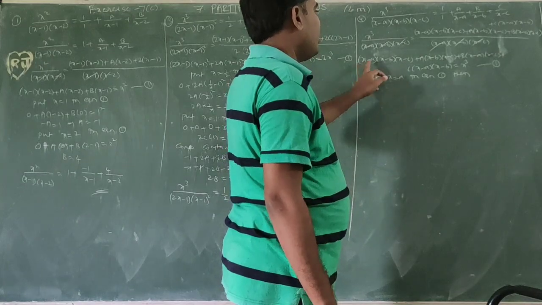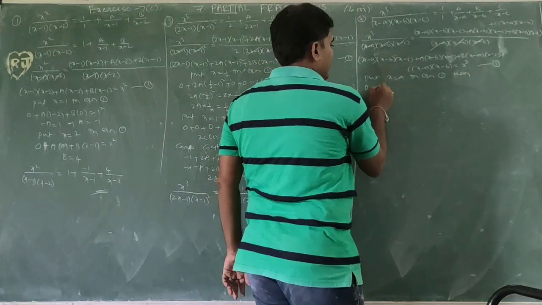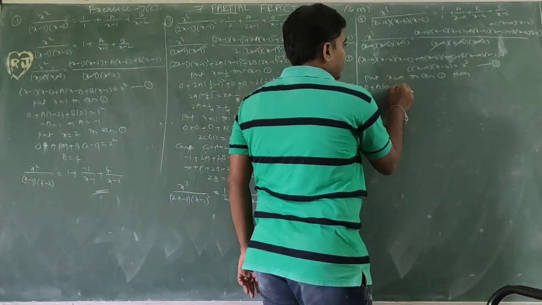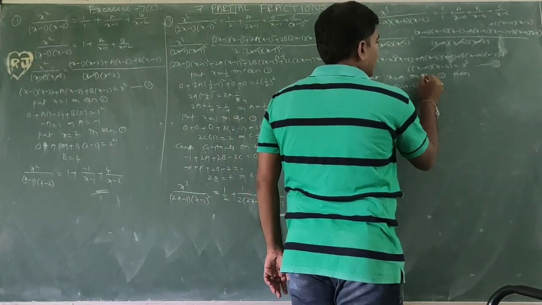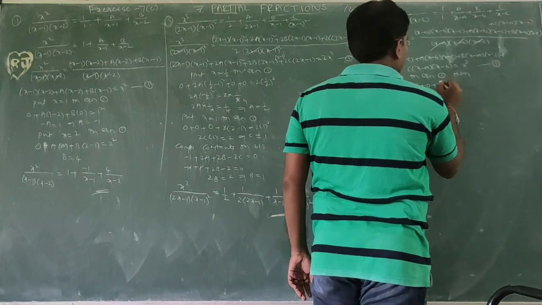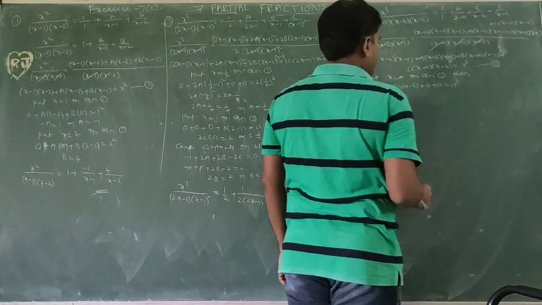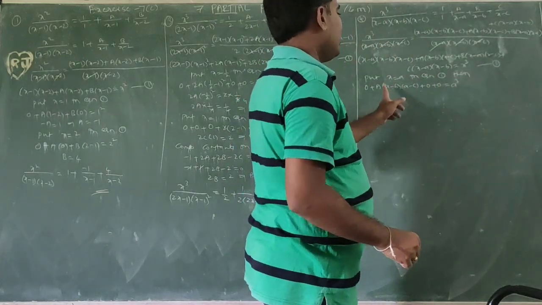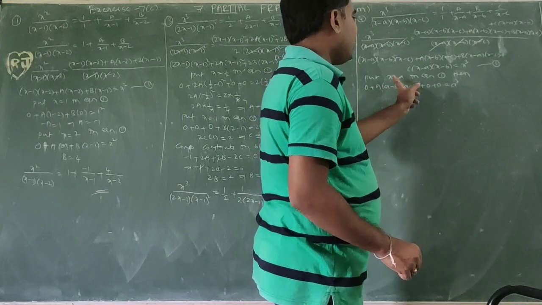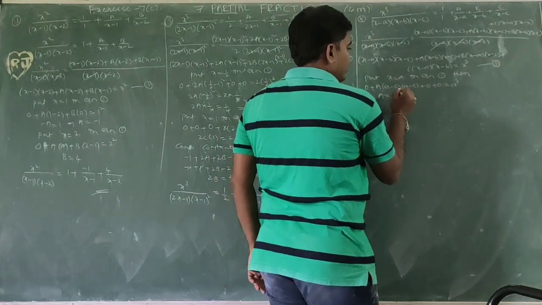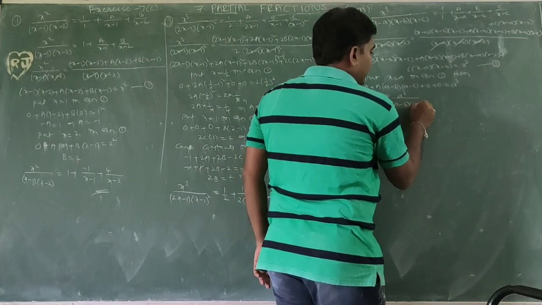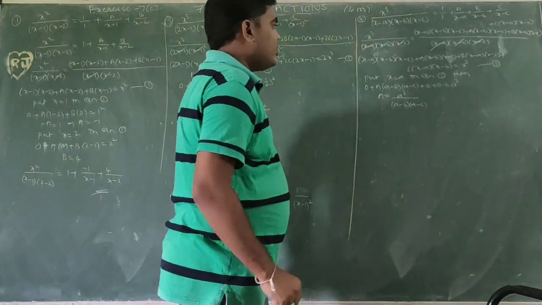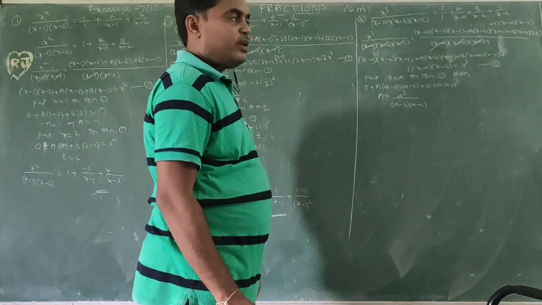X minus a is 0, this is 0, plus a of a minus b, a minus c, plus b of 0, plus c of 0 equal to a cube. This is 0, this is 0. So a minus b, a minus c bringing outside, a equal to a cube by a minus b of a minus c. This is substituting x equal to a.